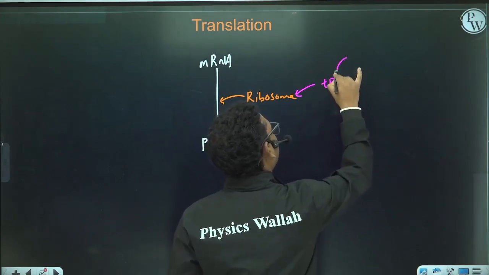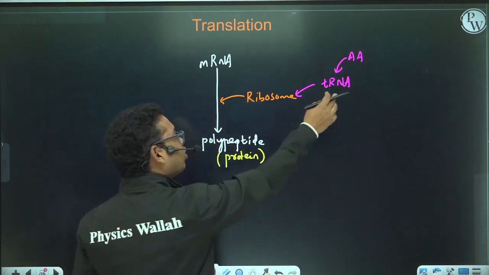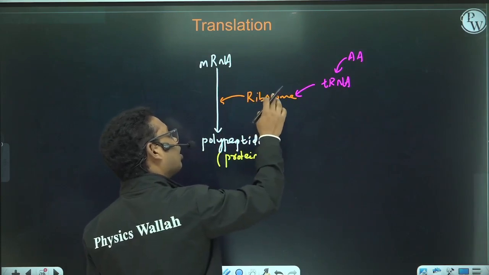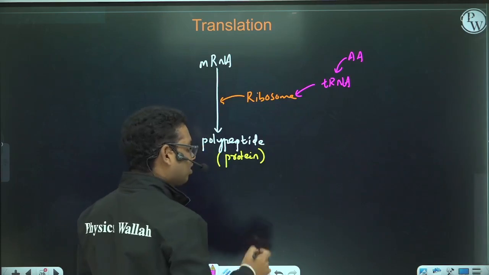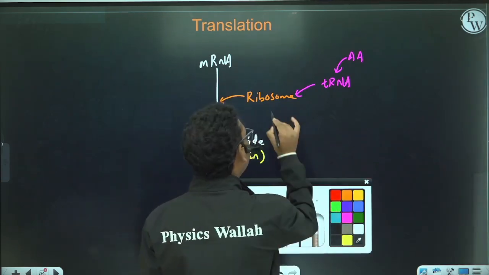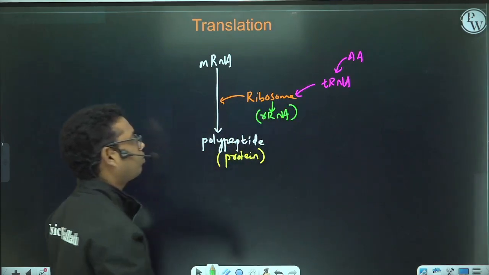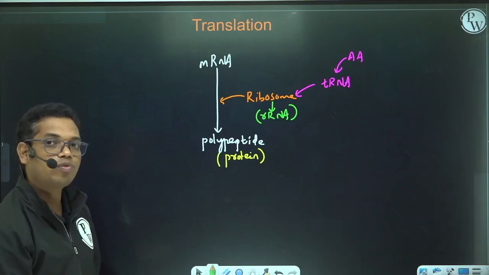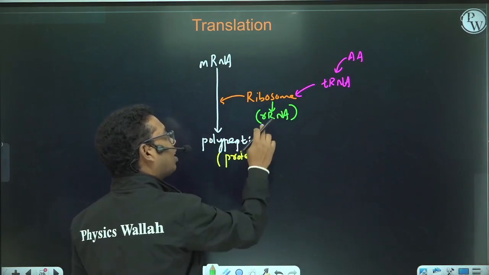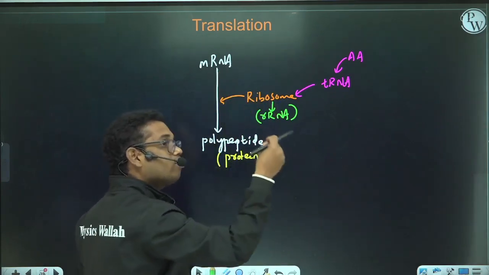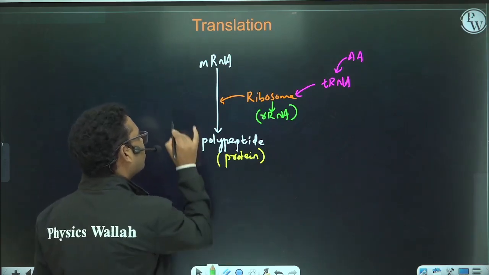The tRNA will carry the amino acids and provide them to the ribosome, and the ribosome will polymerize those amino acids. The ribosome itself consists of ribosomal RNA. That means 3 different types of RNA are involved: tRNA to bring the amino acid, rRNA as the RNA component of the ribosome, and mRNA which has information in the form of codons.